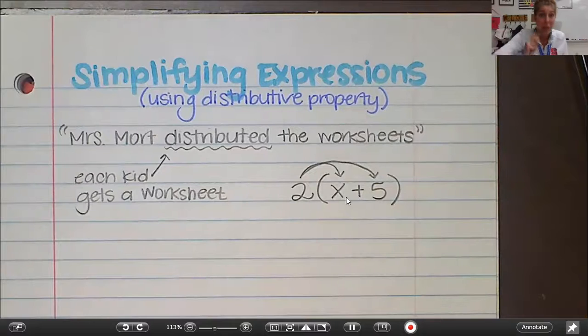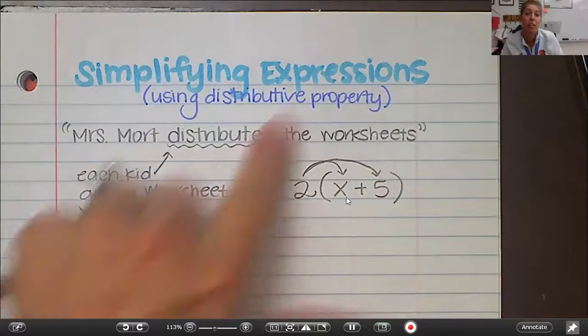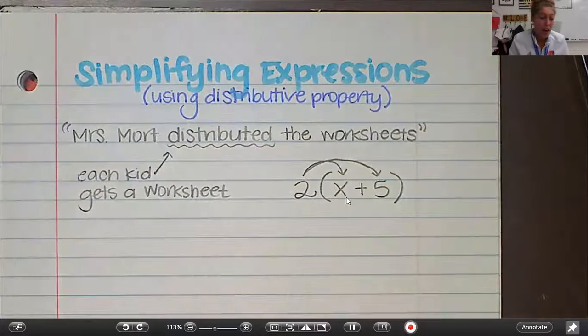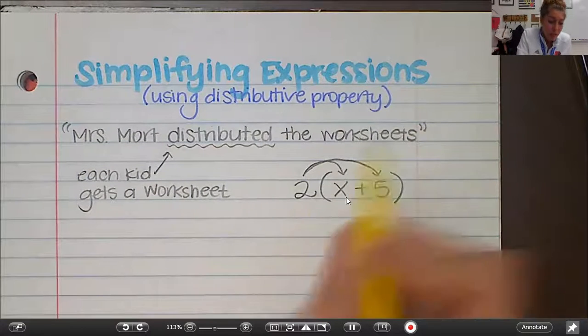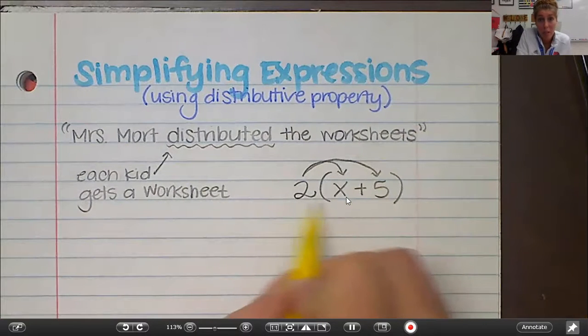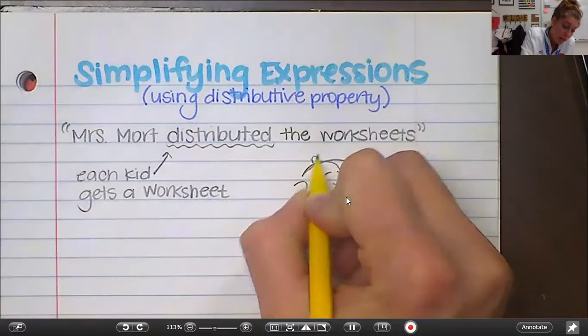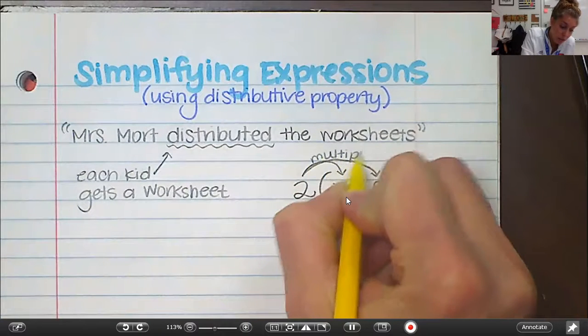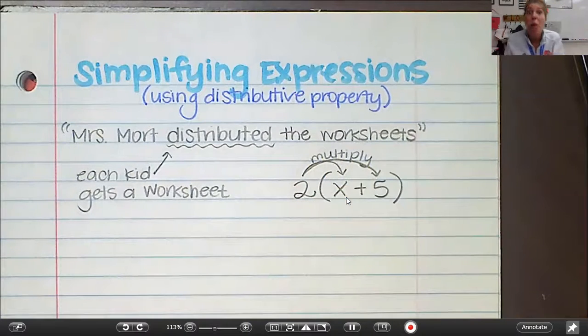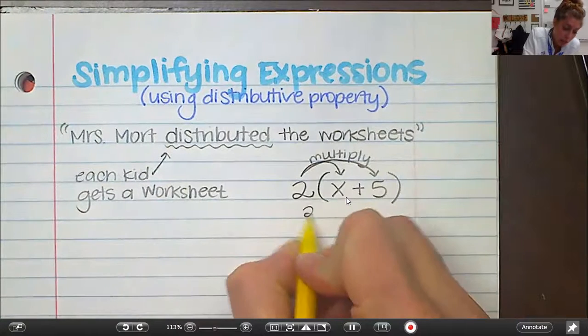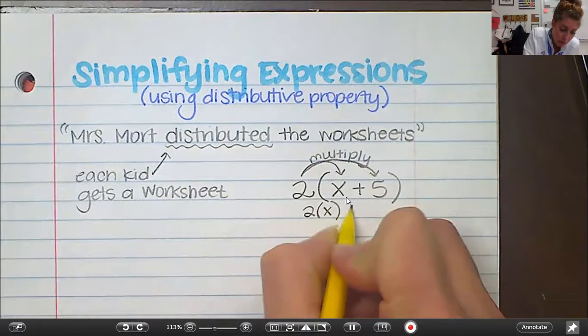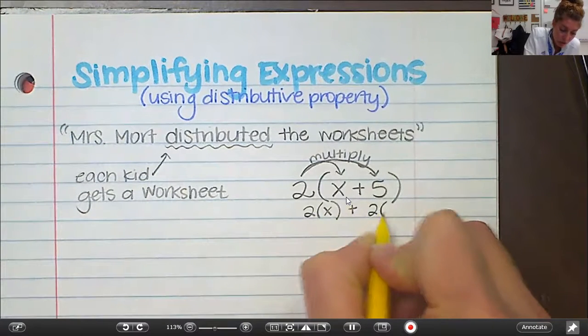You get a worksheet, you get a worksheet, you get a 2, you get a 2, right? Now what I mean by that, it's not just like I'm going to chuck a 2 on everything, because when a number is side by side with the parentheses, we know that that is multiplication. So we're going to be multiplying that 2 times any of the values inside of the parentheses, okay? So I'm going to rewrite this really quickly to 2 times x plus 2 times 5.